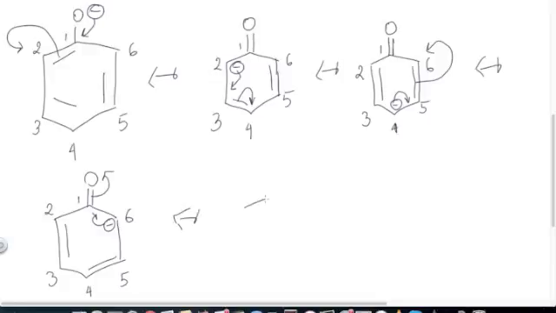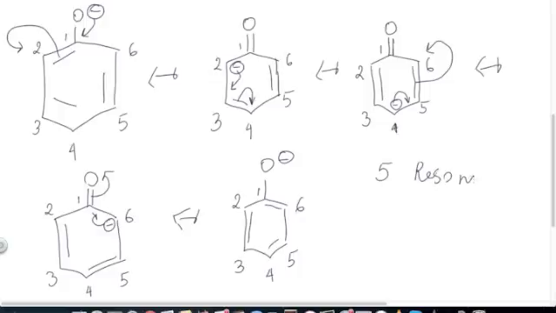So now we've got this situation where this is O minus, and we have carbons 1 and 2. Carbon 2 and 3 have a pi bond. Carbon 4 and 5 have a pi bond. And carbon 6 and 1 have a pi bond. So you have a total of 5 resonance forms for this anion.